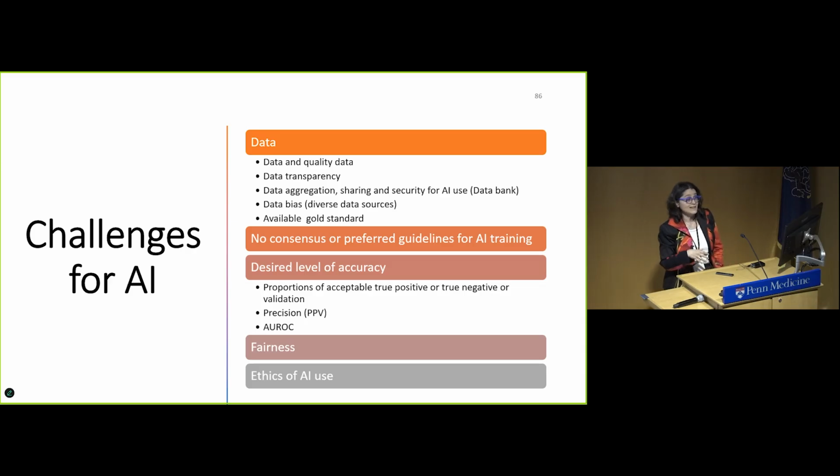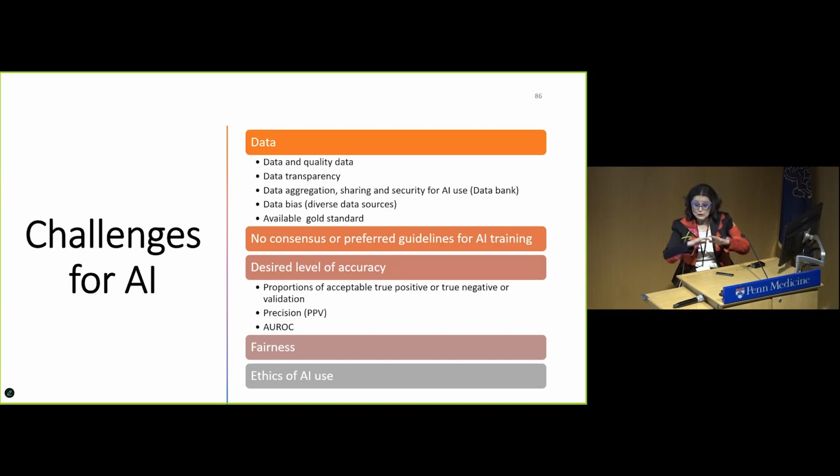But then there are the AI challenges too. You have data quality. 90% of AI is data standardization, and the work happens mostly in the data work, and that's why you have to have good data scientists with you. Data aggregation, biased availability, no consensus on the output for AI.